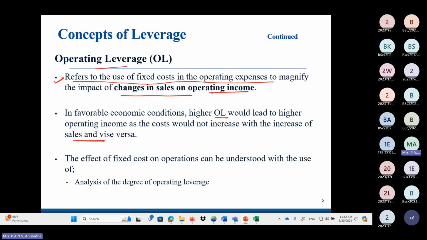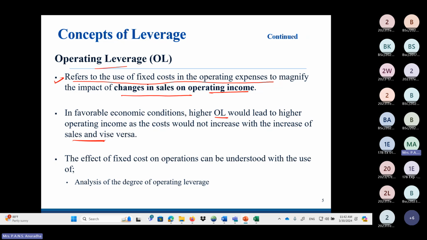But in unfavorable economic conditions, sales are dropping, but these fixed operating expenses remain constant. So your profit is affected heavily. That is the business risk. That is how operating leverage impacts business risk.